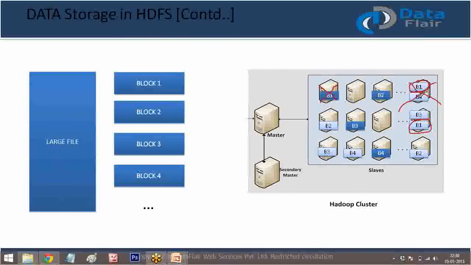I can access my block 4 from this machine. All of you guys, the main advantage of multiple copies is high availability, fault tolerance, reliable storage. Pratik, have I answered your question?